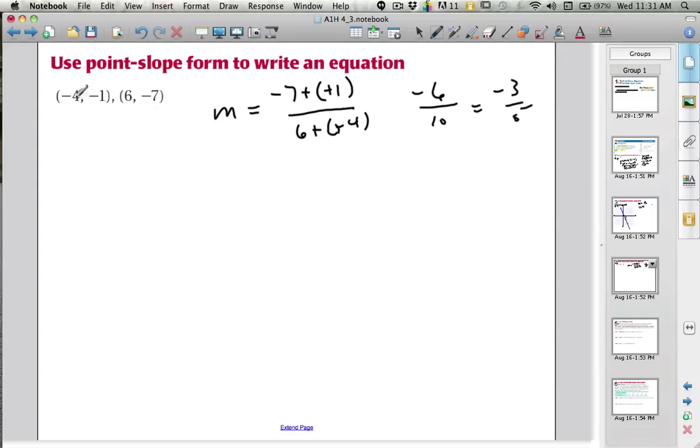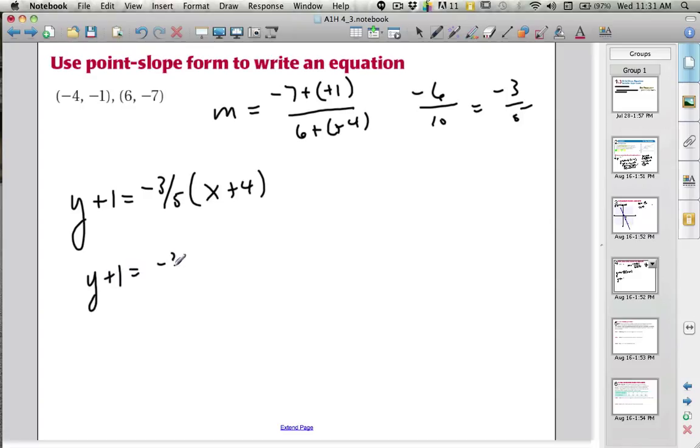And then I can pick one of these 2 points. It doesn't make any difference. I'm going to pick the first one. y minus negative 1, which is y plus 1, is equal to negative 3/5 times x minus negative 4, that's x plus 4. When I distribute the negative 3/5, I'll get y plus 1 is equal to negative 3/5 x minus 4 times 3 is 12/5.